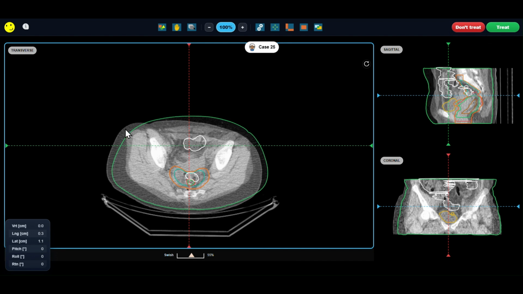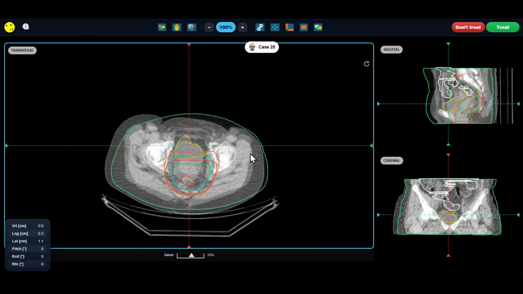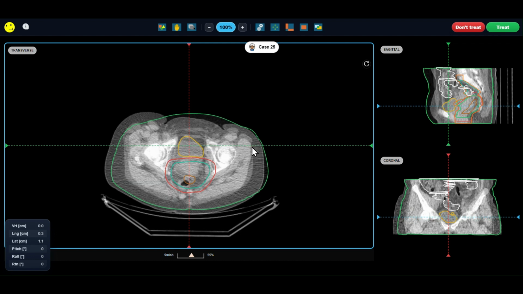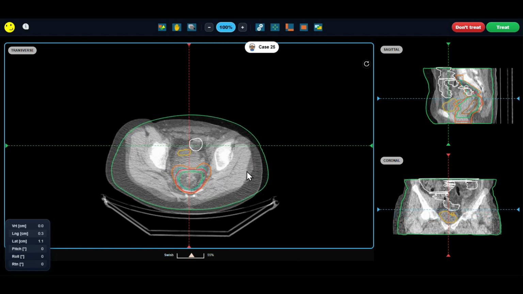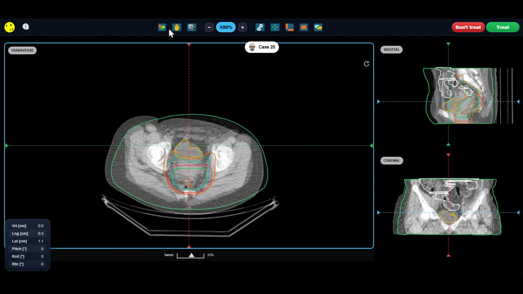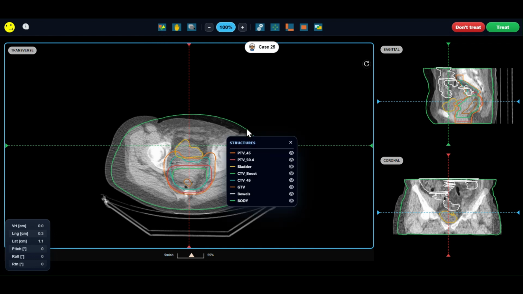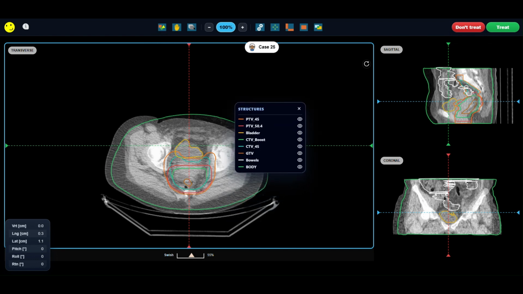So first things first, let's just quickly have a look at the current contour structures. So we have different colors here, and it's very important to know what is what. Okay, so let's click here, structures. Okay, so we've got PTV 45, we've got PTV 50.4, we've got bladder, CTV boost, CTV 45, GTV, bowels and body.